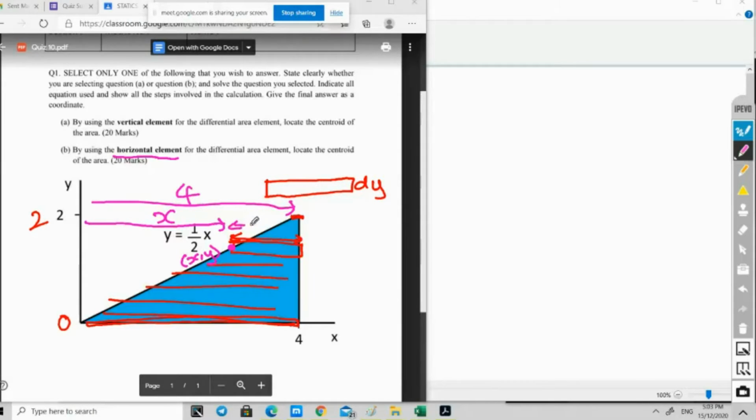So this length is 4 minus x. It's just logical calculation as long as you understand what's going on. So with that, we will get dA equal to 4 minus x dy.